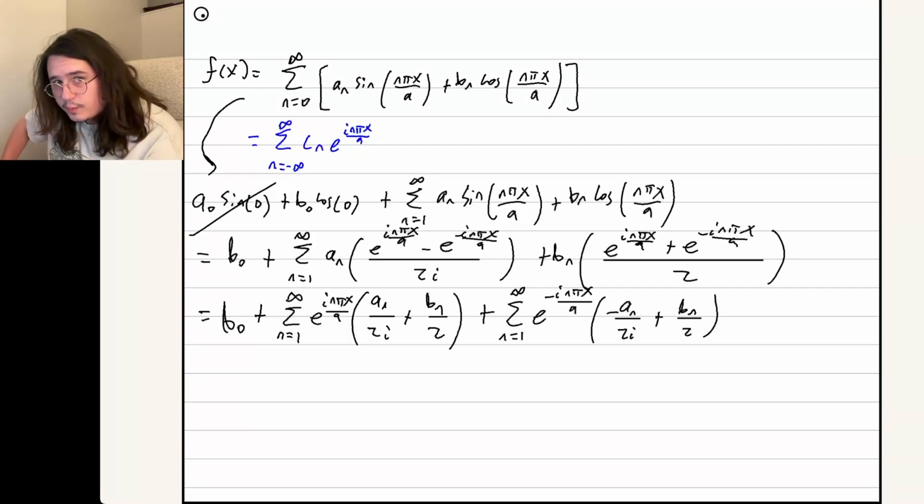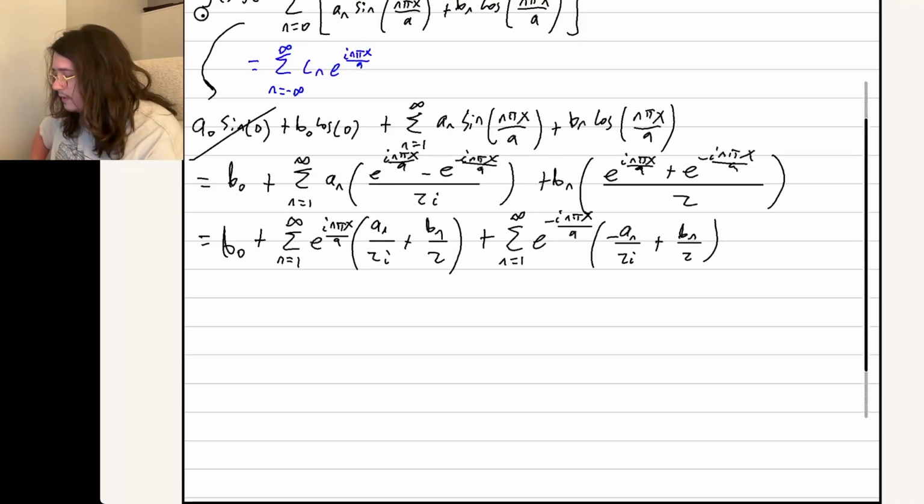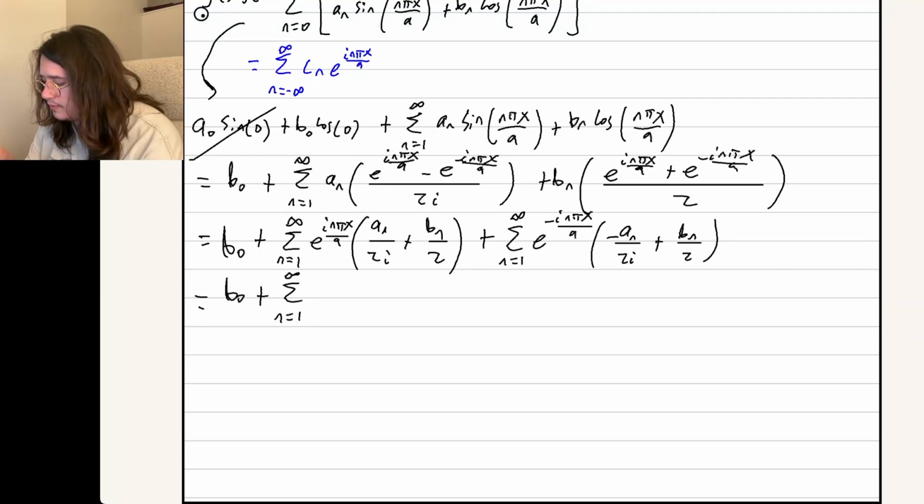And I think this is the weirdest part of the whole thing: I'm going to take the second of those sums. The first sum is fine, but I'm going to take the second of those sums and switch the bounds.